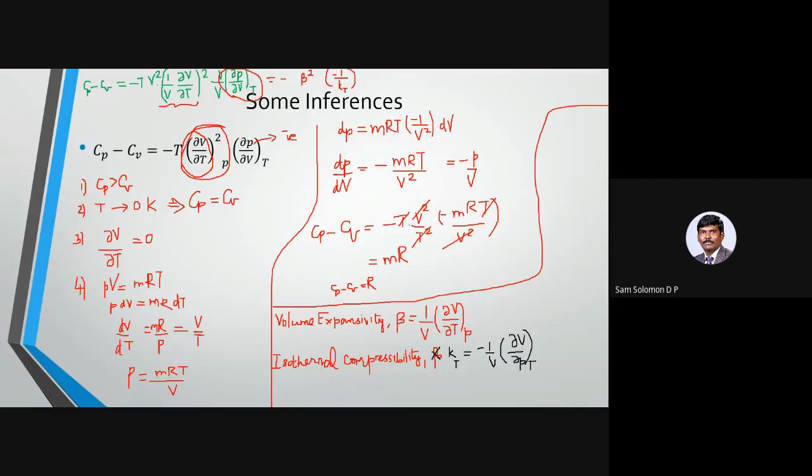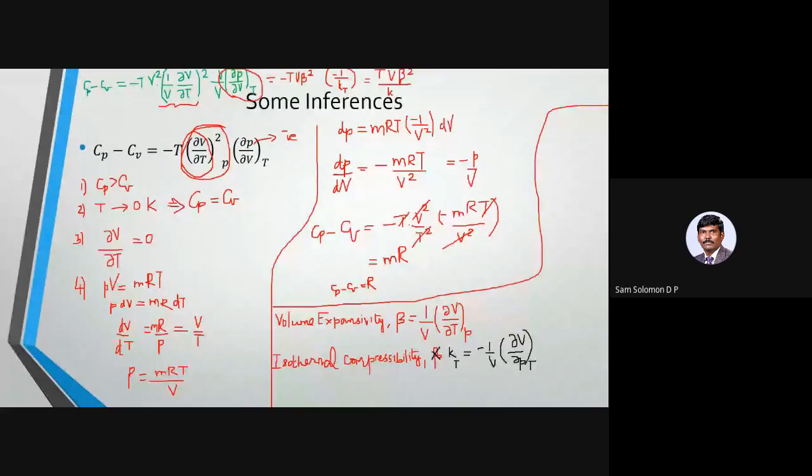So what you have is minus TV here, and there is a minus inside this braces, so you can multiply that, and what you have here is TV beta squared divided by Kt.